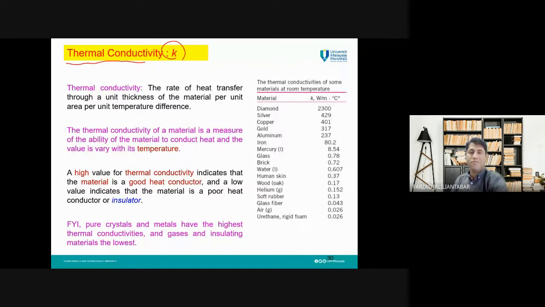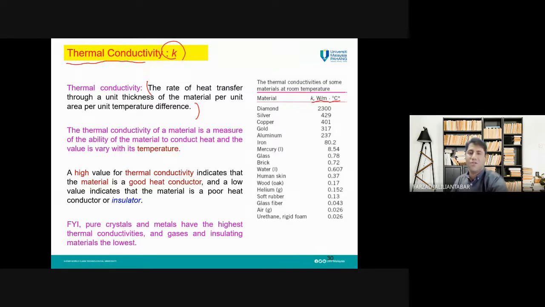The rate of heat transfer through a unit thickness of the material per unit area per unit temperature difference is the definition of K, which determines its unit as well: watt per meter degree Celsius, or per Kelvin. This is the unit of the thermal conductivity.